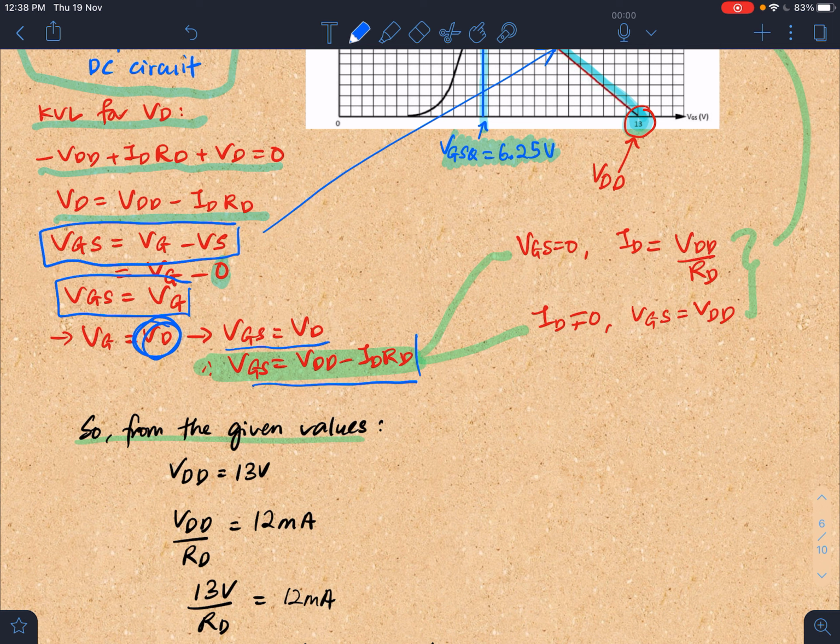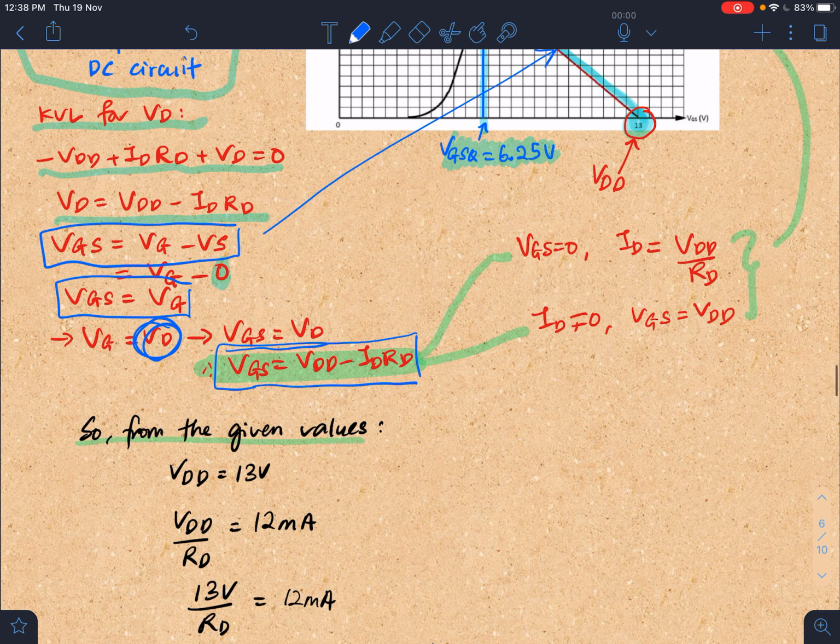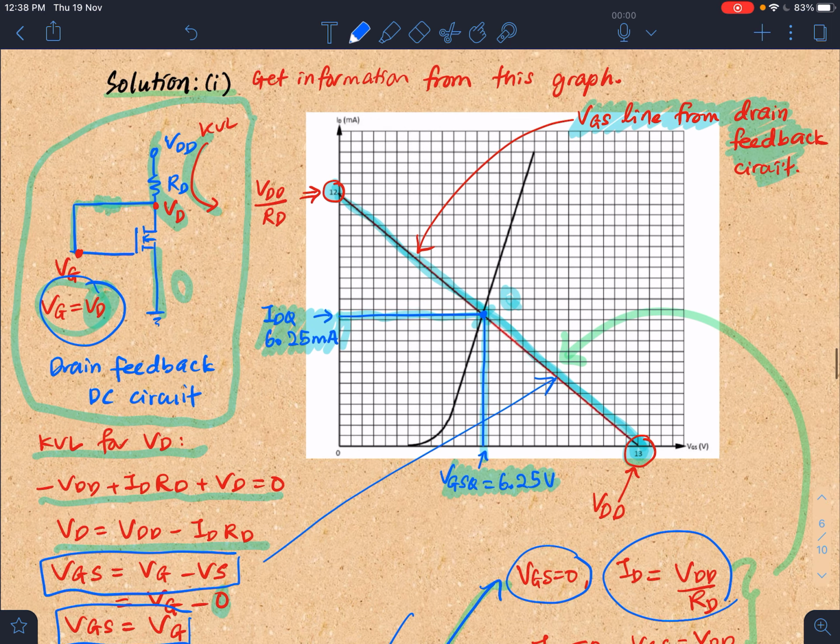From this equation, to draw the straight line you have to find two plotting points. By inserting VGS equal to 0 and calculating, you get ID equal to VDD over RD, which means this point is here.